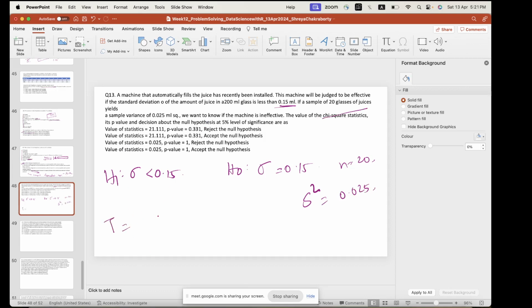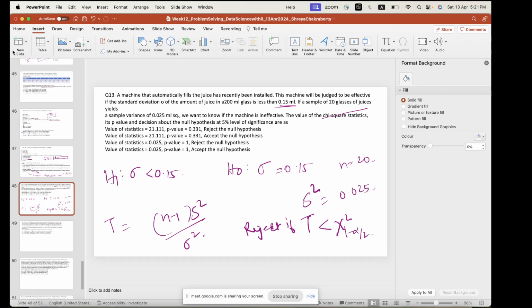So the statistic is n minus 1 S square by sigma square. Here the alternate is sigma is less than 0.15, so we'll reject if t is less than chi-square 1 minus alpha by 2.